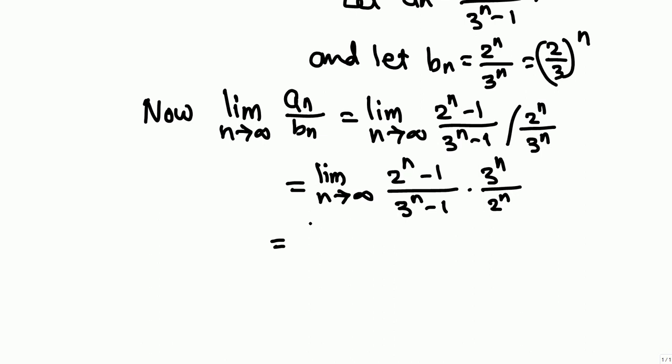That is the same as the limit as n goes to infinity, distribute, and this is an infinite limit. The only terms that matter are the leading terms, so when we multiply 3^n by 2^n, it will be 6^n, minus 3^n, which is a smaller term we don't have to consider. Just consider the limit of the leading terms. Same thing, 6^n, 6^n cancel, just 1, which is positive and finite.